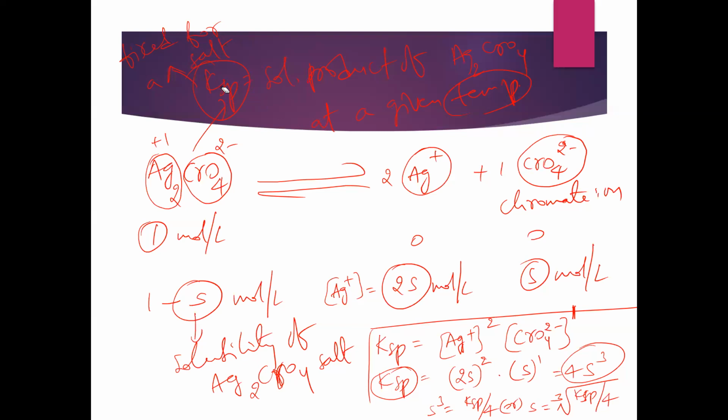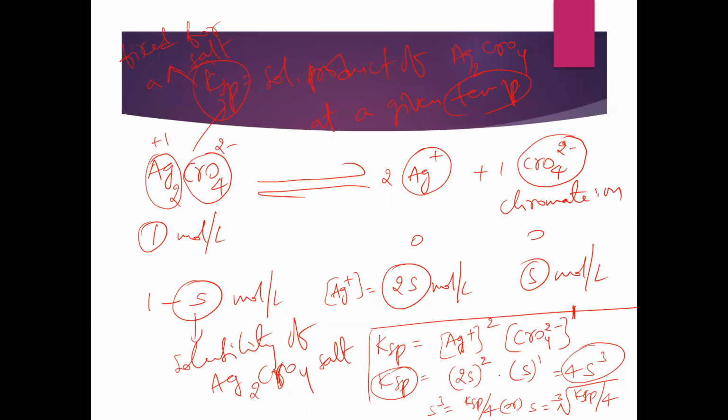And KSP is called the solubility product. Here the solubility product KSP for this salt is given by 4S cube. KSP is equal to 4 into S cube, and S cube is equal to KSP by 4, otherwise S is equal to cube root of KSP by 4. So this way we have to understand the KSP concept of the given salt.